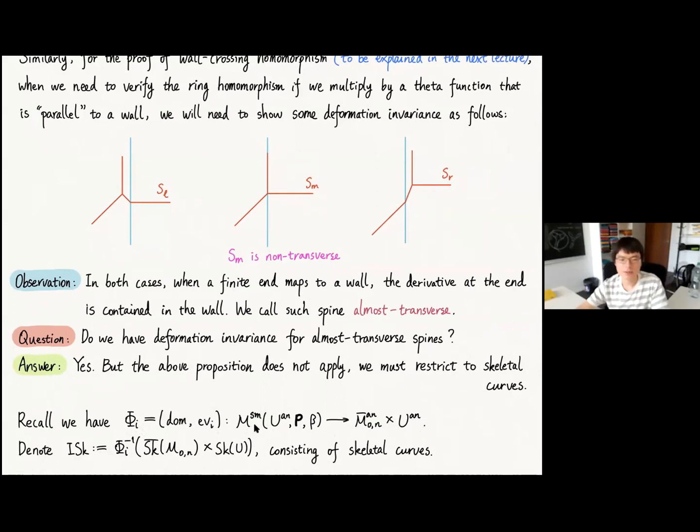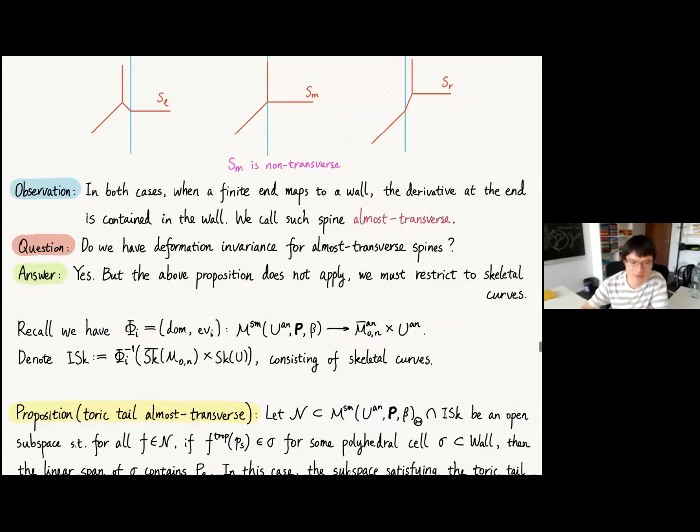I means we are evaluating at the I-th marked point. It's a capital I here. It means inverse image of skeleton. It's just notation. The inverse image of the skeleton consists of skeletal curves by the previous lecture.